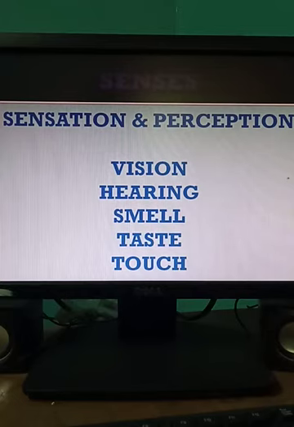It is also called sensation and perception. How our senses use all the information given by each of the organs and try to perceive from that what is actually happening around them.